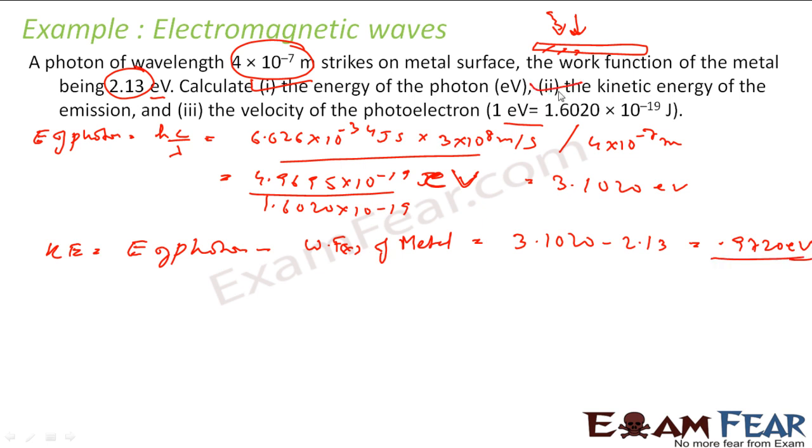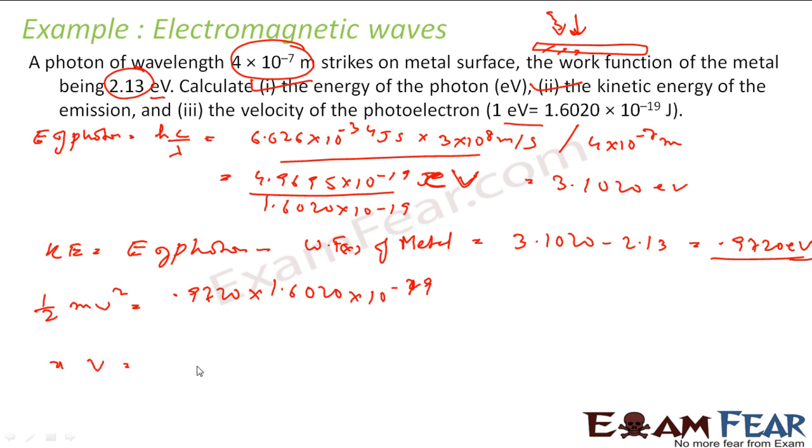The next question is to find the velocity of the photoelectron. This is my kinetic energy. Kinetic energy is nothing but half mv square. This is my kinetic energy, 0.9720, in electron volts, so I'll convert this into joule. 1 electron volt is equal to this many joules, so we multiply with 1.6020 into 10 to the power minus 19. And this is nothing but half mv square.